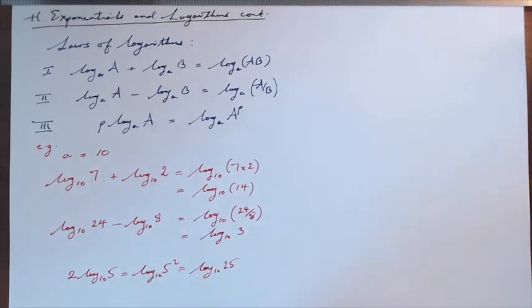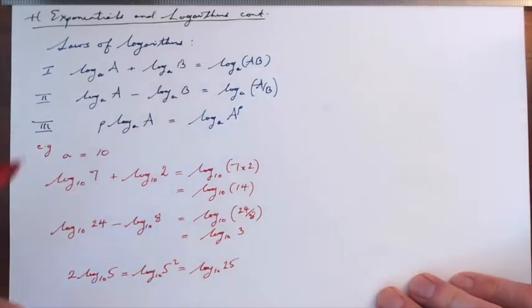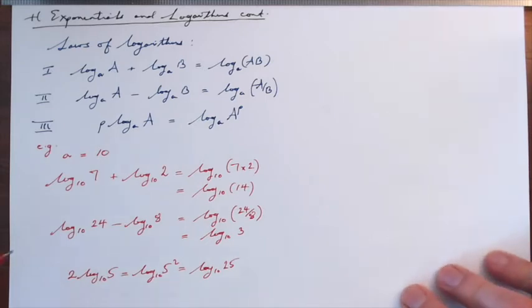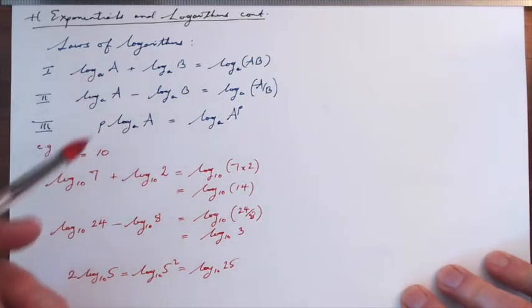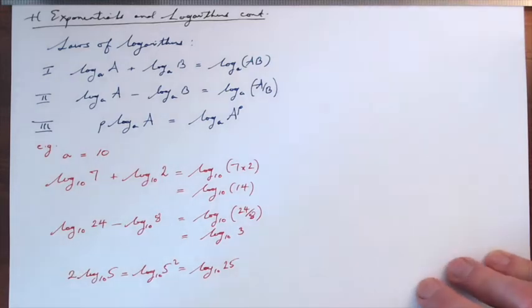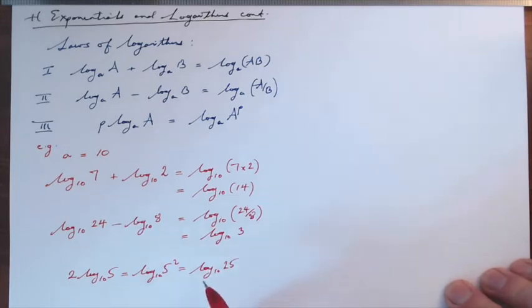So these are the 3 laws of logarithms, and here are some examples. Remember, they hold for any base, and what examiners enjoy doing is really testing your knowledge of manipulating logarithms using these 3 laws. Something to bear in mind here is sometimes you'll want to go backwards with this third law, and you'll notice that what you'd need to do is to see, is the thing that I'm taking the logarithm of expressible as a power?